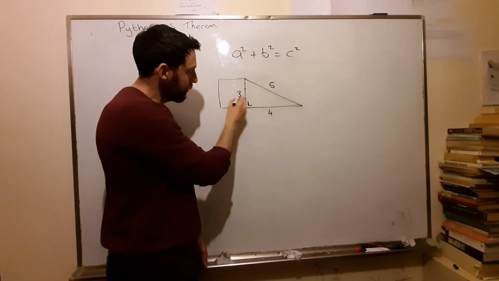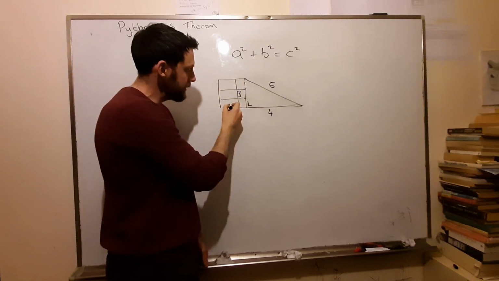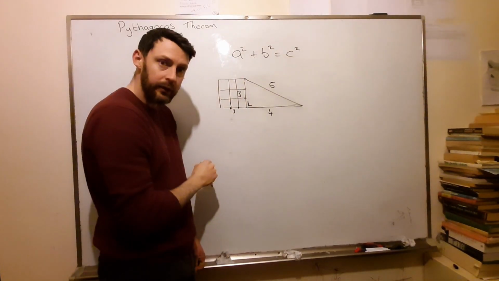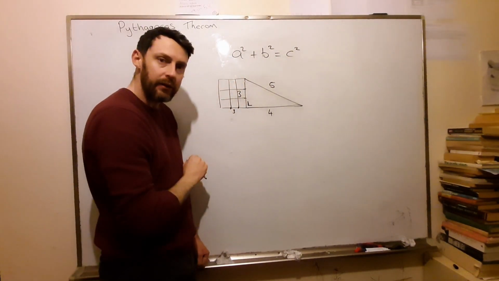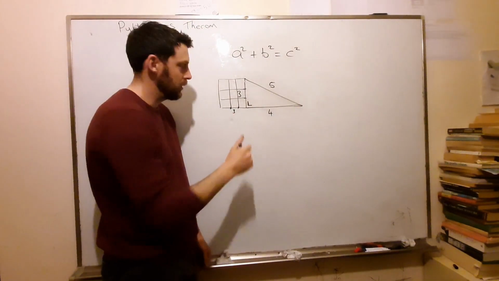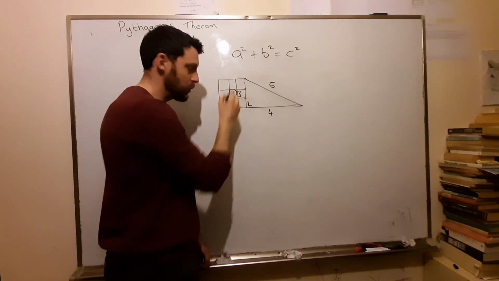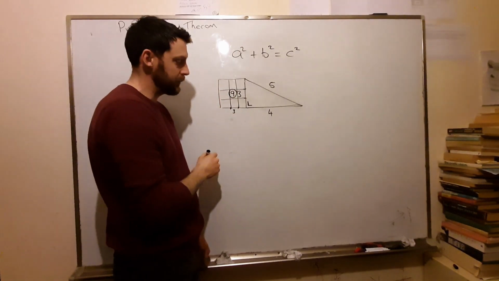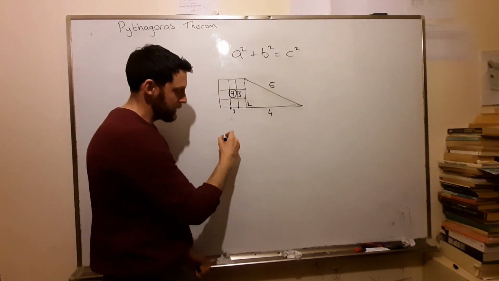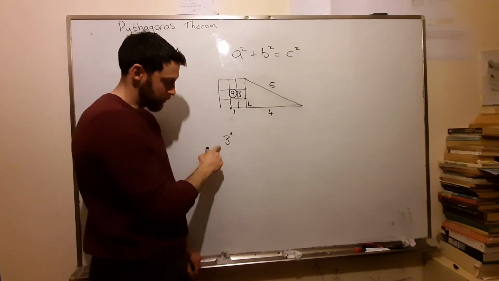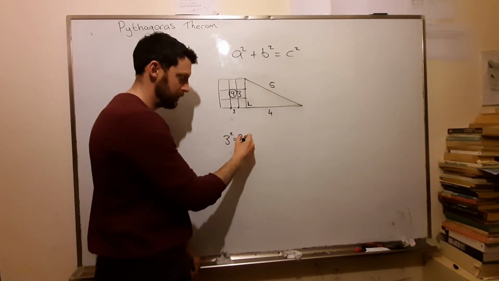Now if I grid the box that I've created, how many boxes are in that square? 9. There are 9 boxes inside this square. That's what it means to square something. So let me write it maths-wise: 3 squared equals 9.